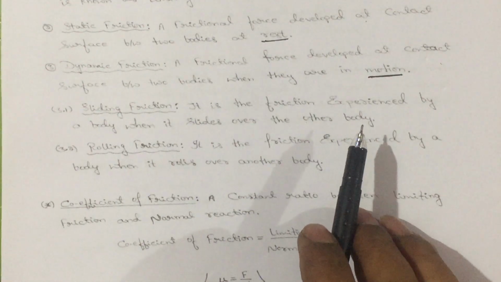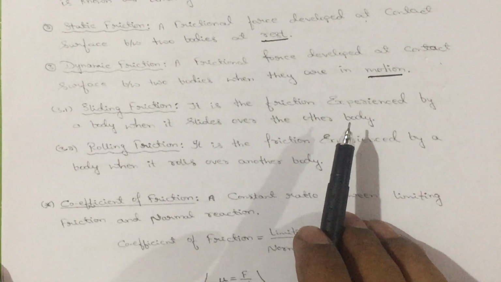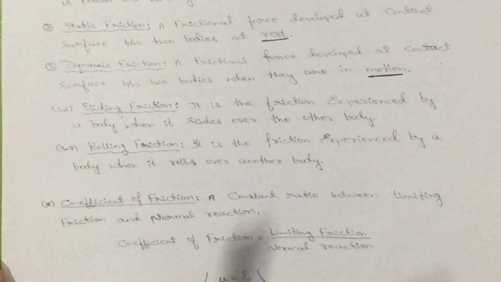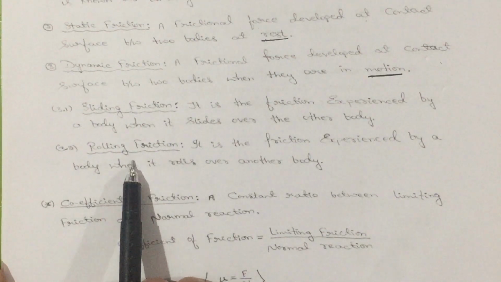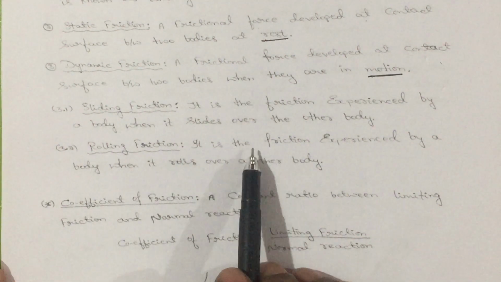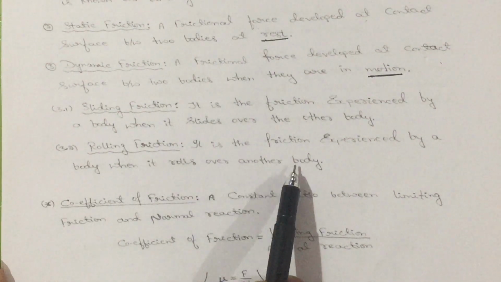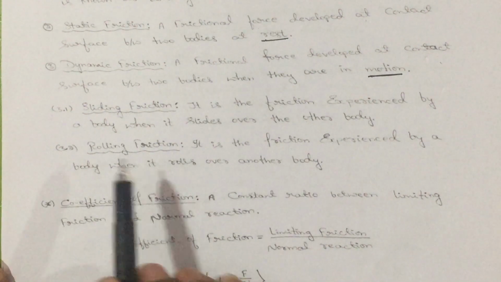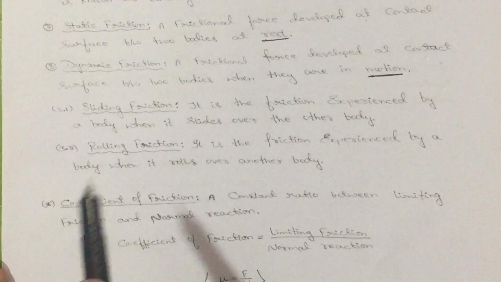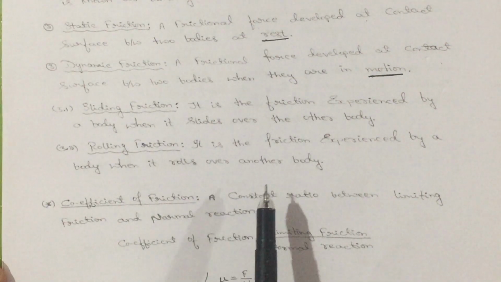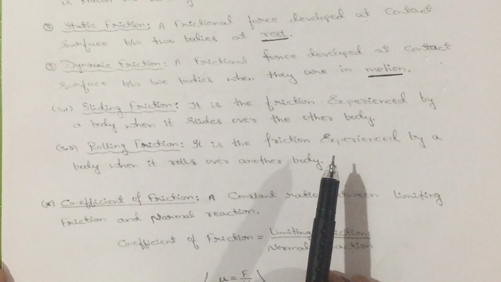When a body is sliding, the frictional force developed is the sliding friction. Then, what do you mean by rolling friction? It is the friction experienced by a body when it rolls over another body. In these definitions, the name itself suggests which kind of friction it is.